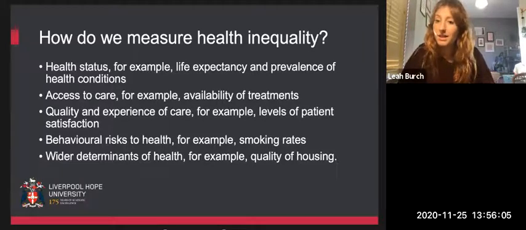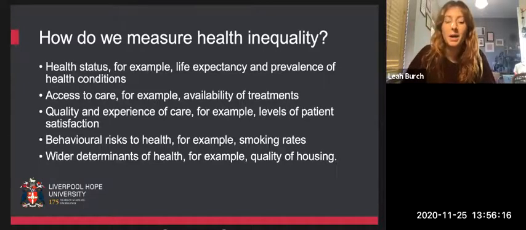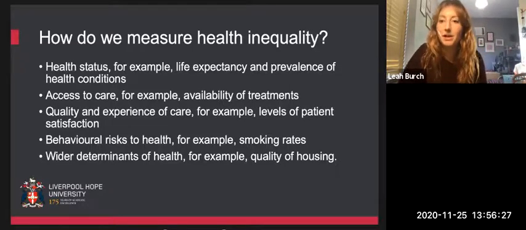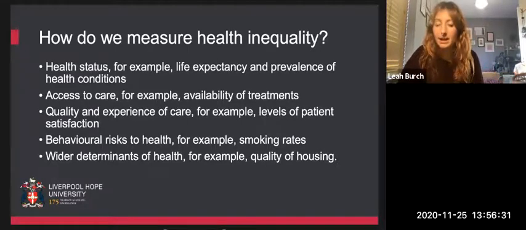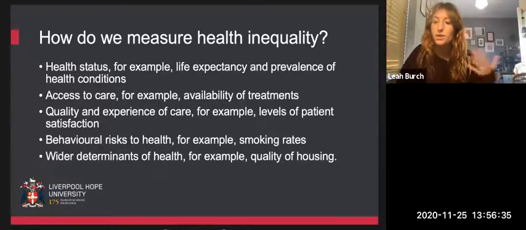Similarly, we can look at quality and experience of care. And again, from a quantitative approach, we can look at numeric data on levels of patient satisfaction. So how people rate their satisfaction of quality and experience of care. Again, we can also look more deeply into that and talk to people about their experiences of care and really try and get their own meaning making and reflections of care within our knowledge production.